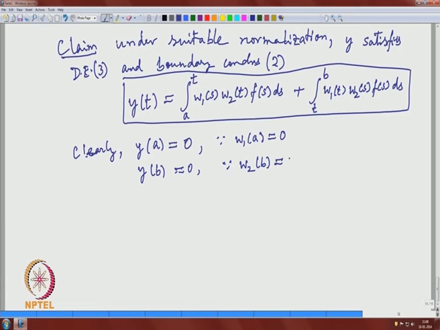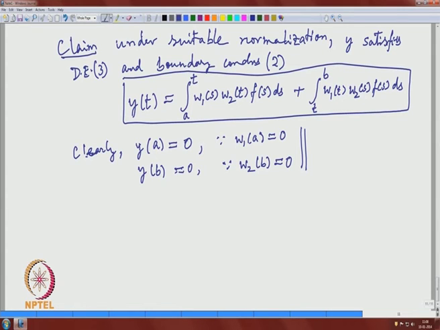You see, the way we have chosen the two linearly independent solutions of the homogeneous equation helps us satisfy the boundary conditions.